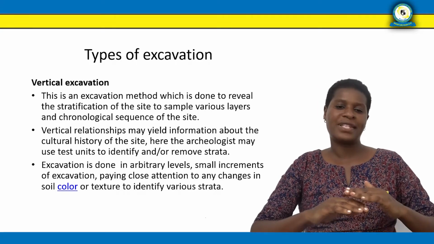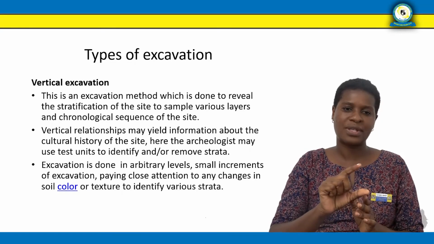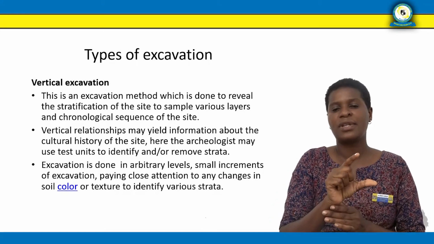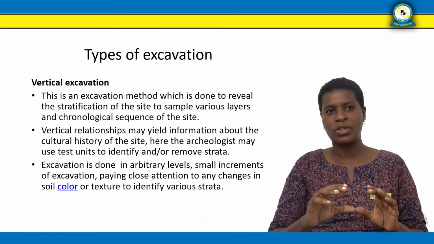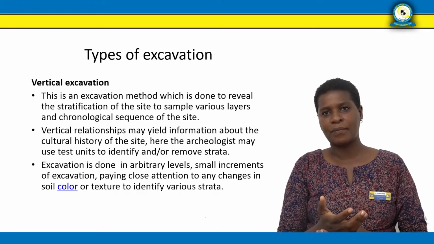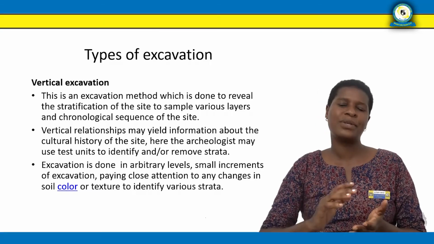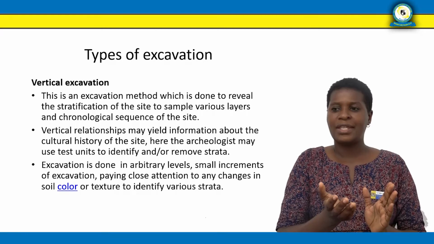You might go with a certain dimension, let's say some inches or some centimeters. Each layer has to have some dimensions, and you record at every layer what has been found, what has been excavated. We call them arbitrary levels. You dig by using arbitrary levels, like you decide.